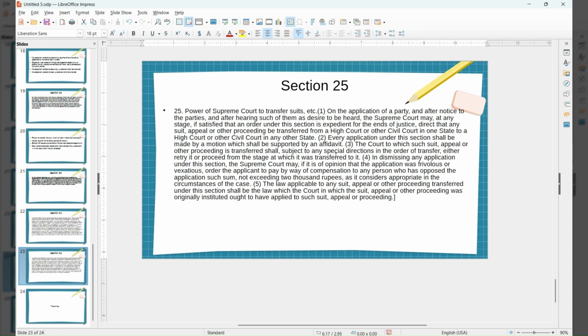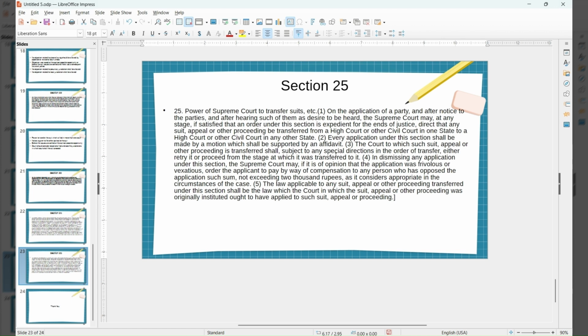Every application under this section shall be made by motion, which shall be supported by an affidavit. The court to which the suit, appeal, or other proceeding is transferred shall, subject to any special directions in the order of transfer, either retry it or proceed from the stage at which it was transferred to it.